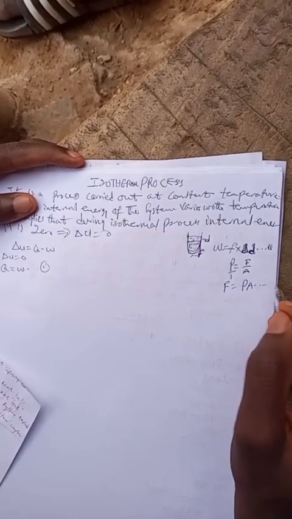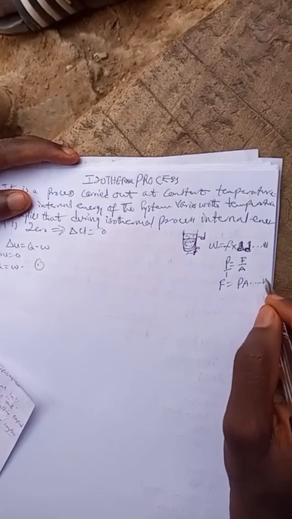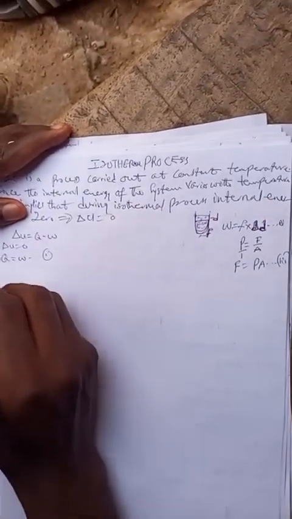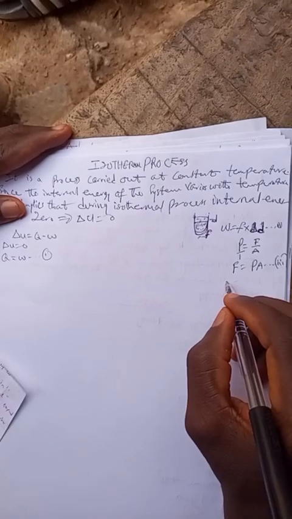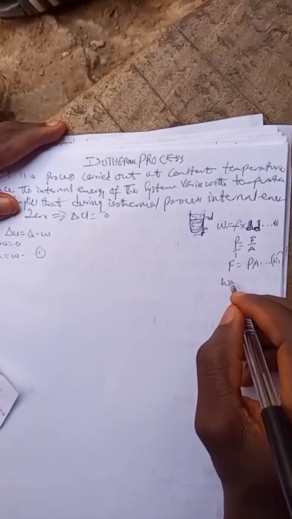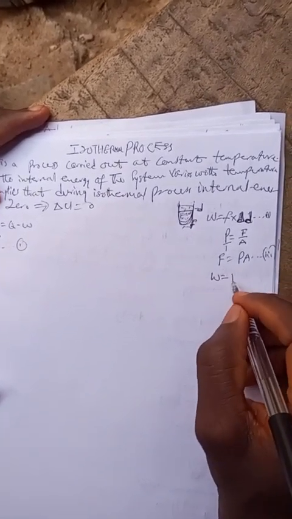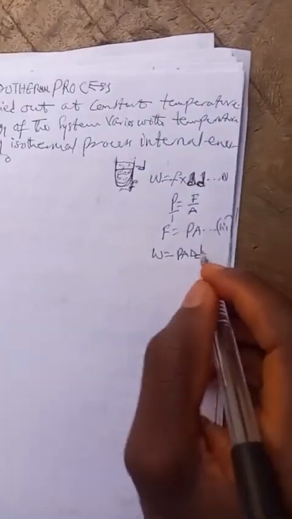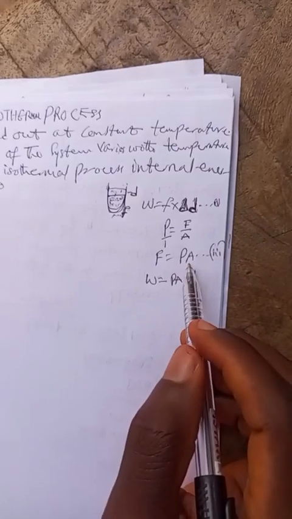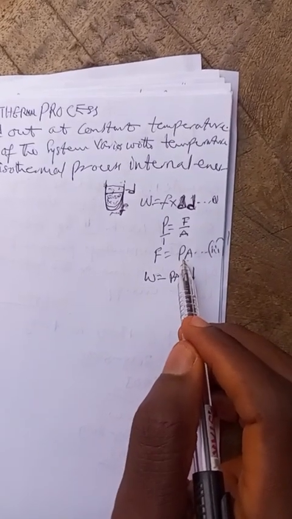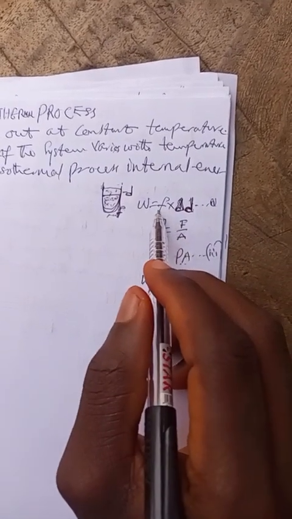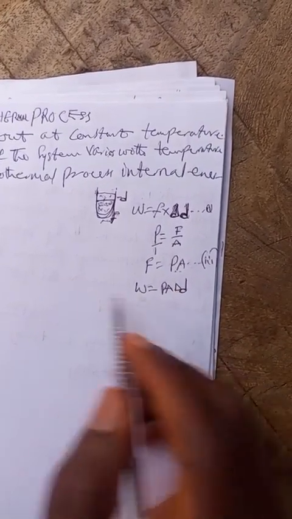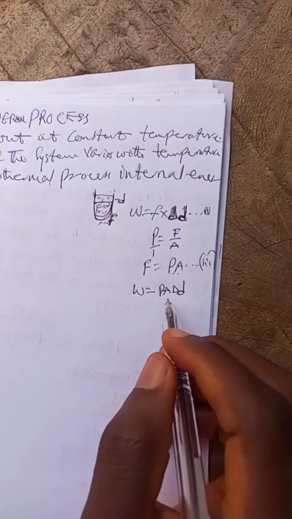We'll call this equation 3. So we can say W is equal to PA delta D. That is, I substitute for F with PA from equation 3 into equation 2. Instead of writing F again, I write PA delta D. So this is how we get a formula for work done: W is equal to PA delta D.